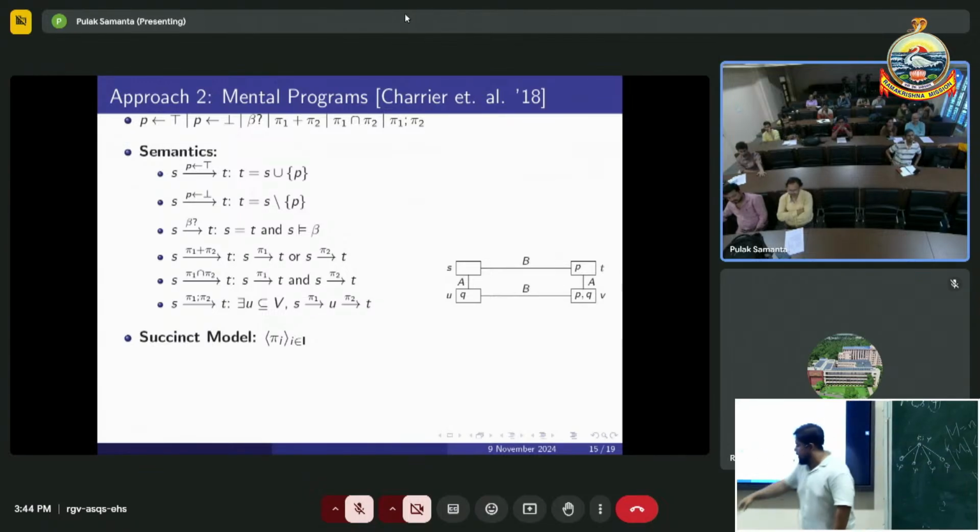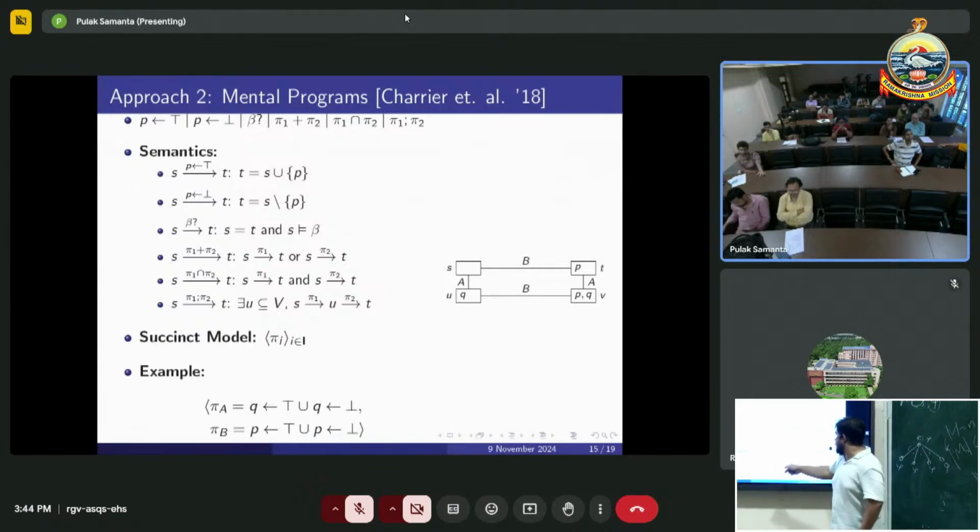For example here, pi A is either assign Q to true or assign Q to false, and pi B is either assign P to true or assign P to false.